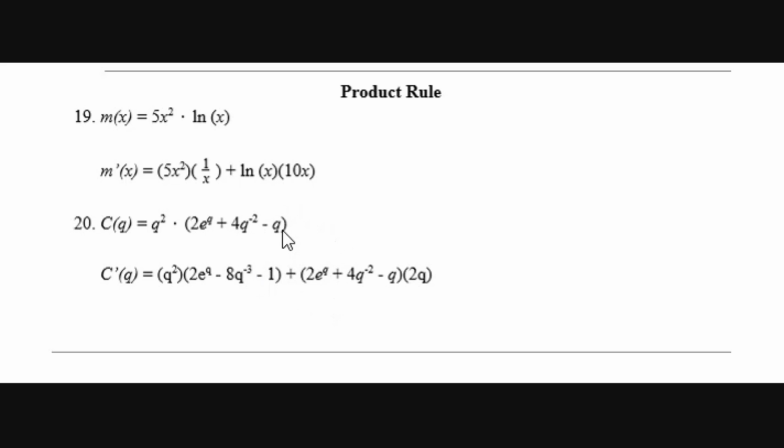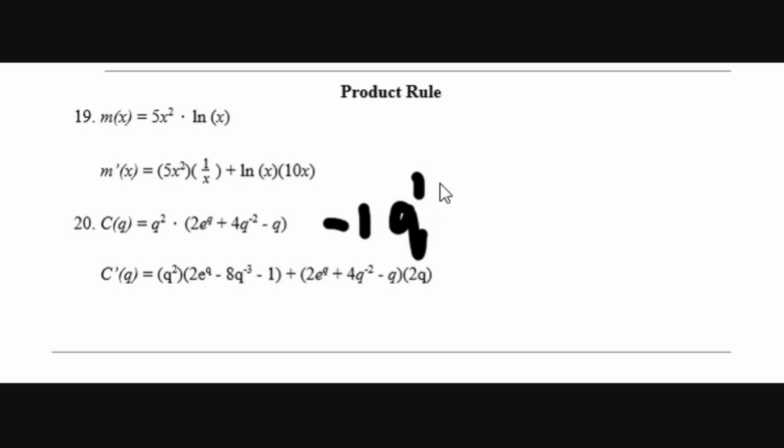For this one, what we really have in this -q here is, let me write it out real quick. So this is really what you have: -1 times q to the first power, and you use the power rule again. You bring the 1 out to the front, so -1 times 1 gives you -1. Now you have q to the first power, and you want to reduce the power by 1.